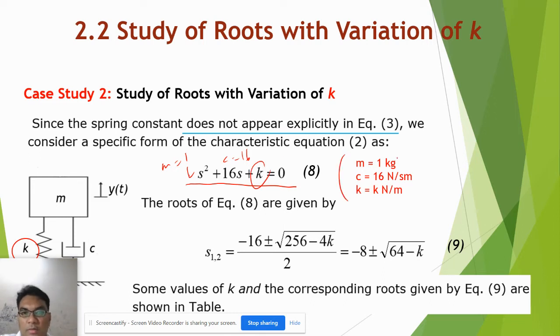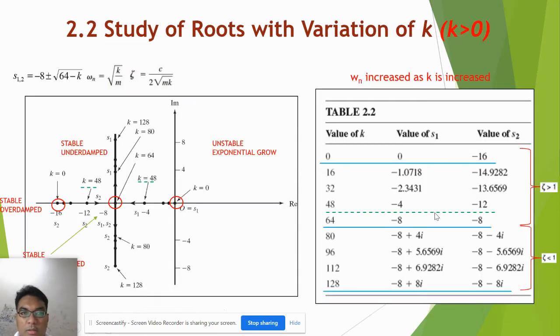With these parameters, you can translate into this roots equation to determine the roots, which are S1 and S2. For the variation of k, it will generate a different root locus plot. You have these roots equations, the same omega n and damping ratio.